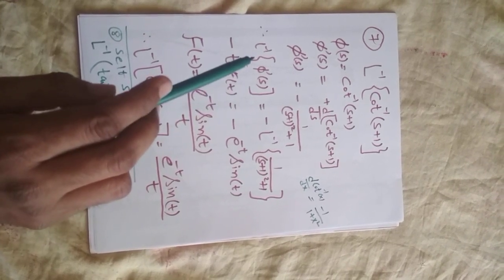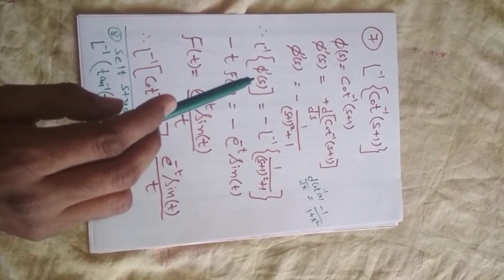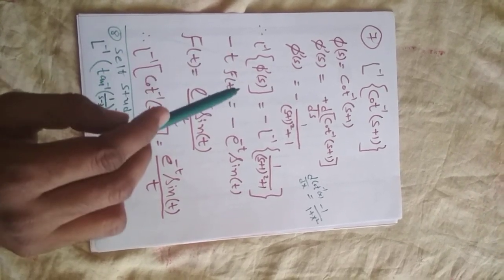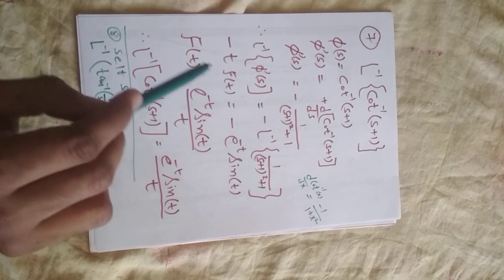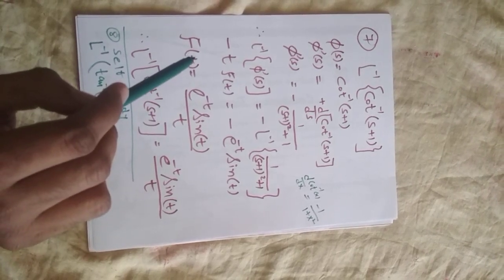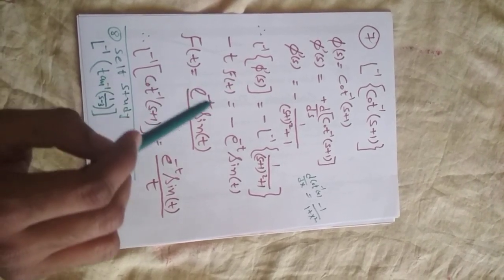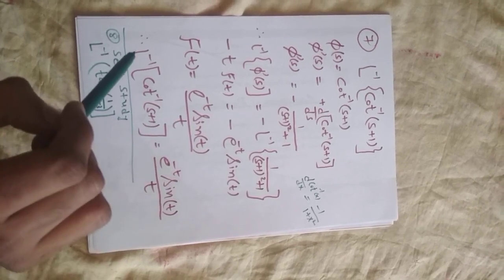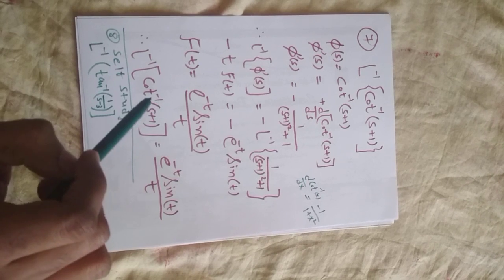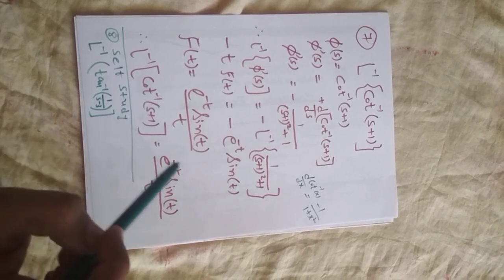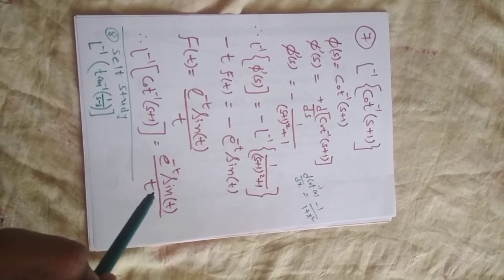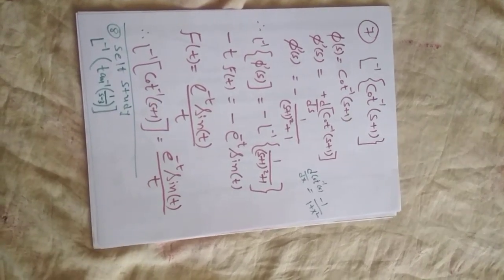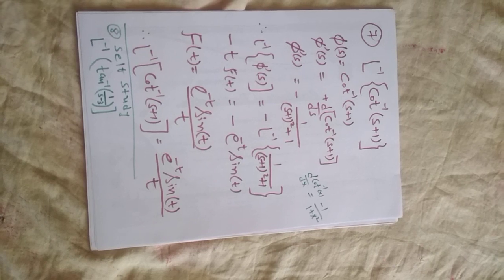This is the inverse Laplace of the derivative of phi of s. Minus minus cancel from both sides, and f(t) equals e raised to minus t sin t divided by t. Therefore L inverse of cot inverse (s plus 1) equals e raised to minus t sin t divided by t.